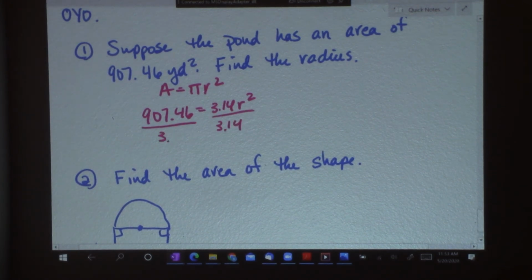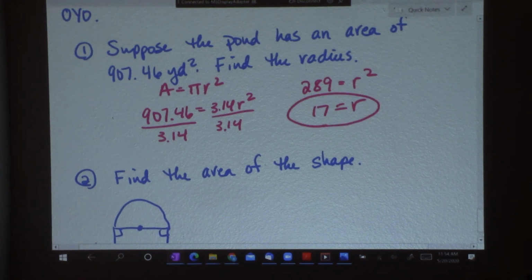I'm going to divide. Okay, I get 289. Did you get that? And if I take the square root, that works out to be 17. So the radius is 17.